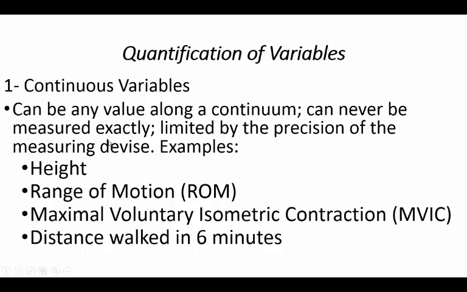They can never be measured exactly because really we are limited by the precision of the measuring device. For example, if I am weighing a person, I'm asking a person to get on the scale. If I am weighing gold, I cannot use that scale because I need a more precise scale to measure something like gold.